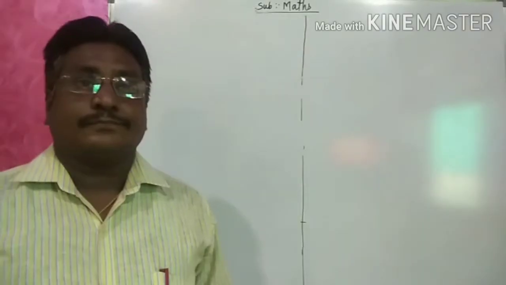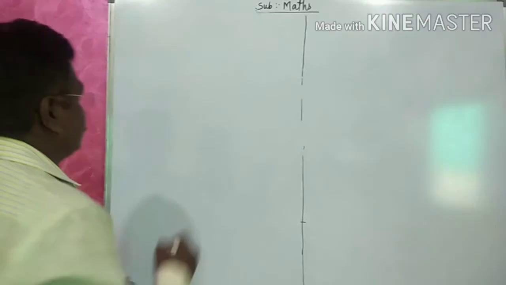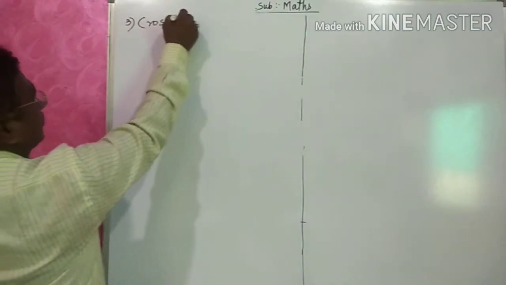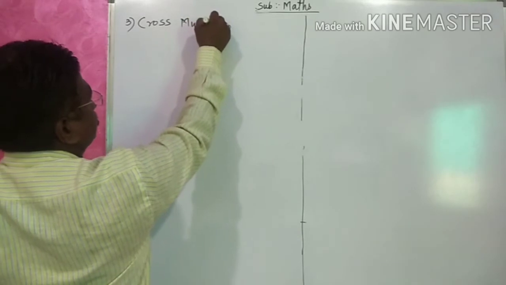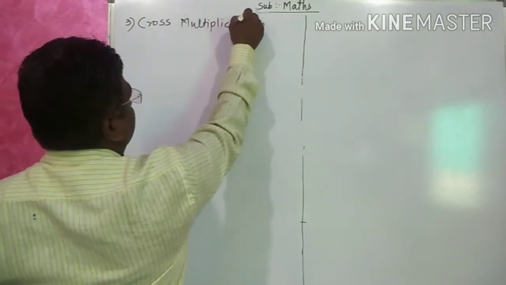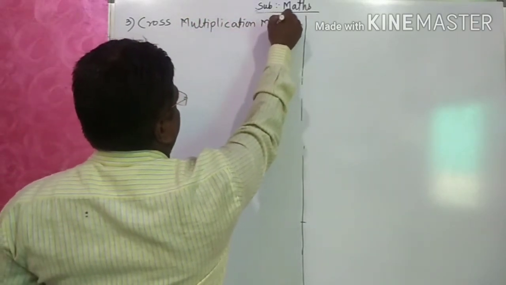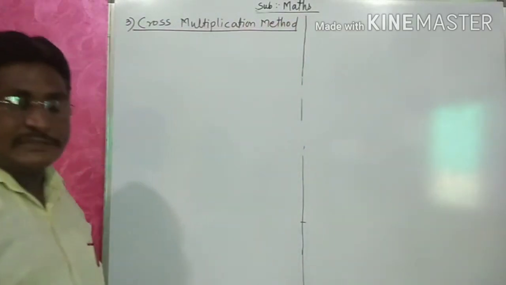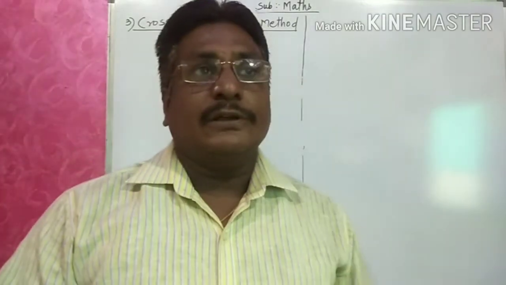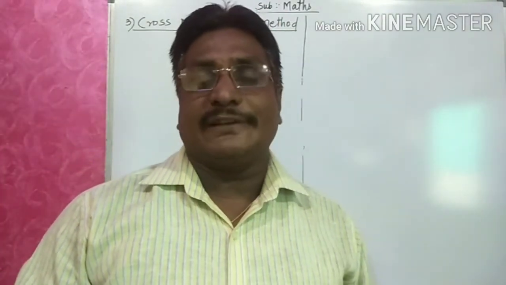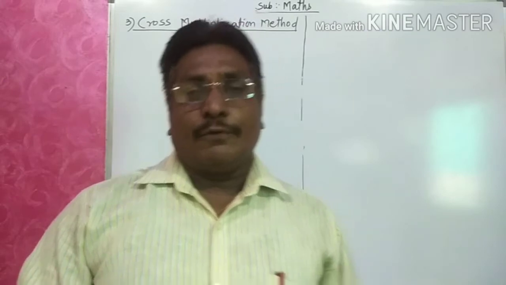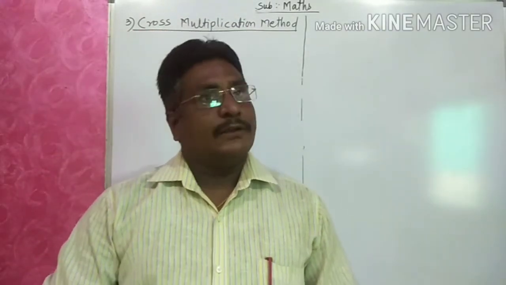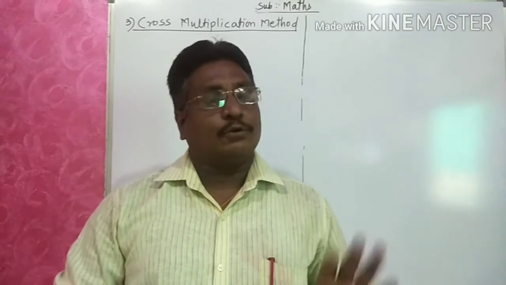Okay, students. Now the third method is the cross multiplication method. This method is not going to come in the exam. This method has been eliminated from the syllabus. Even then, for the future you should not suffer, so that's why I am explaining this method. Only 1-2 examples I will explain on how to do it.